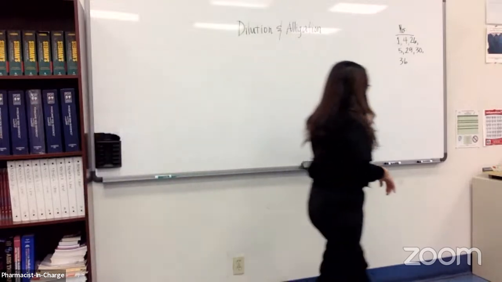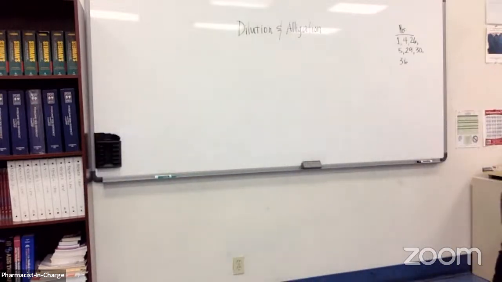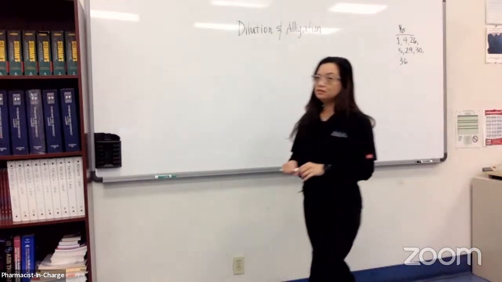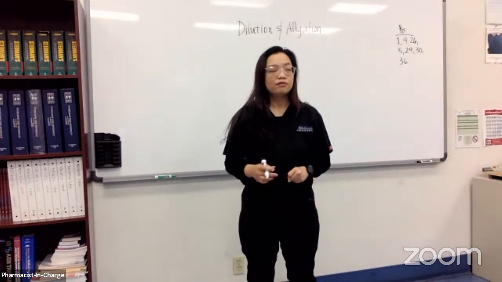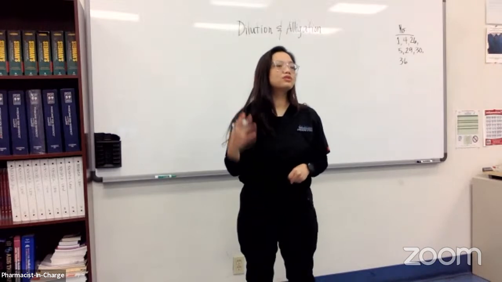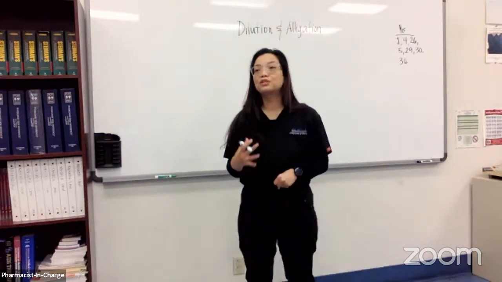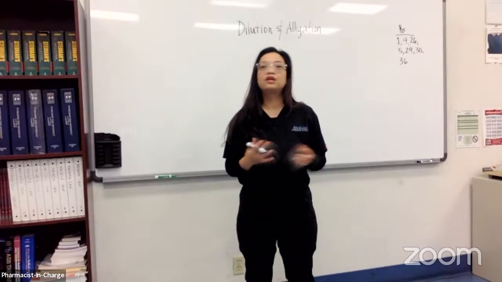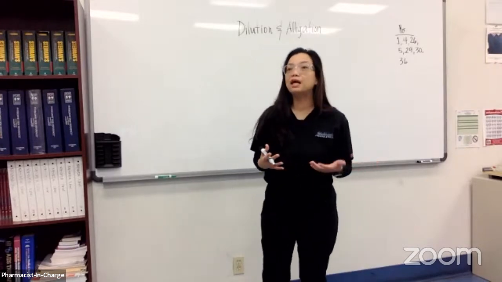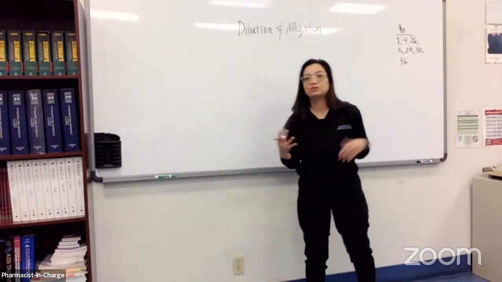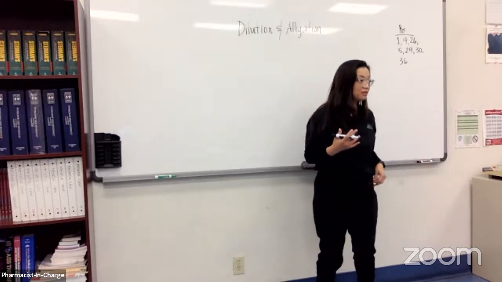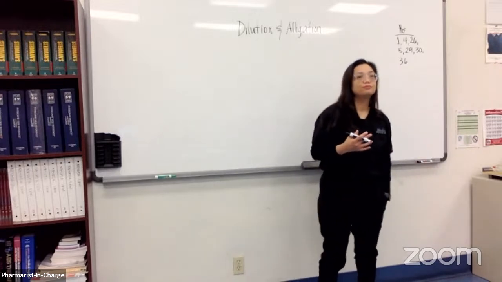We talked about dilution yesterday, and alligation a little bit, but mostly percentage. Before I move on, is there anybody who's still struggling with calculating percentages of drugs, solutes in the IV bag, the sodium chloride and the dextrose in the IV bag?